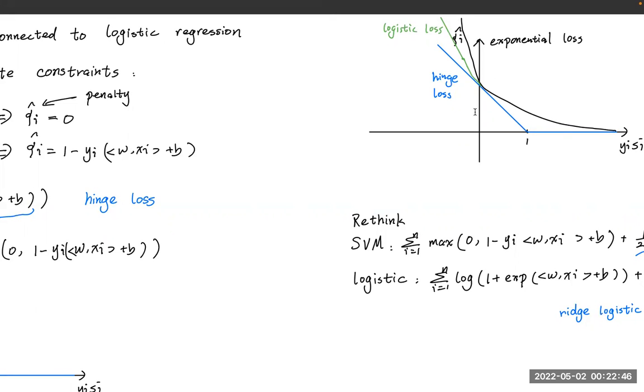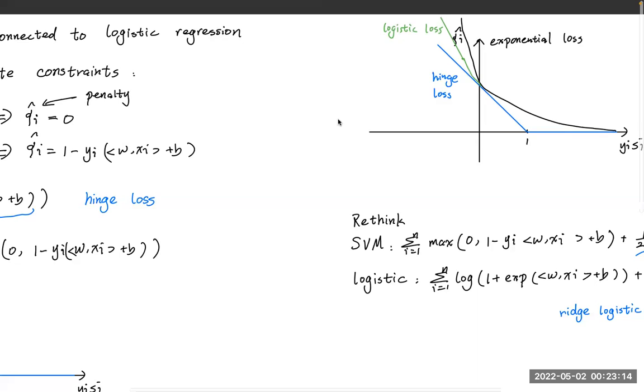but on the negative side, the exponential loss penalizes this negative y_i s_i much more severely than the logistic loss, because usually AdaBoost works very well for the so-called separable case, but for the non-separable case, it penalizes misclassification where y_i s_i is less than 0 more severely than SVM or logistic loss.